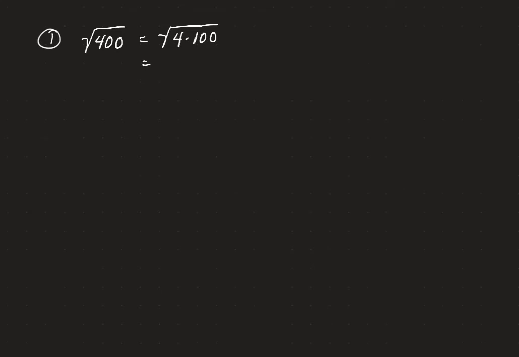So this will give us square root of 4 times square root of 100, or 2 times 10, 20. Let's check that. Is 20 times 20, or 20 squared, equal to 400? Yes.